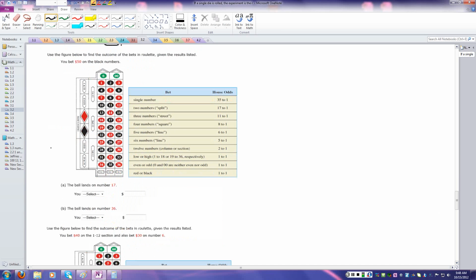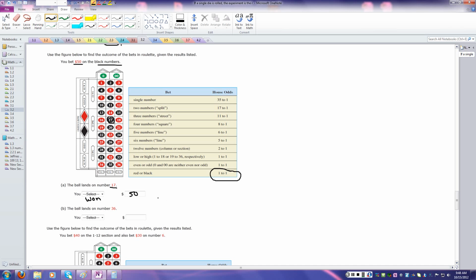The next type of problem would be they want to know how much money you would win or lose in any case. So you bet $50 on the black numbers. So if we go back to black numbers, that's going to pay 1 to 1. So if it lands on 17, 17 is black. So that means you won, and you won 1 times 50, right?